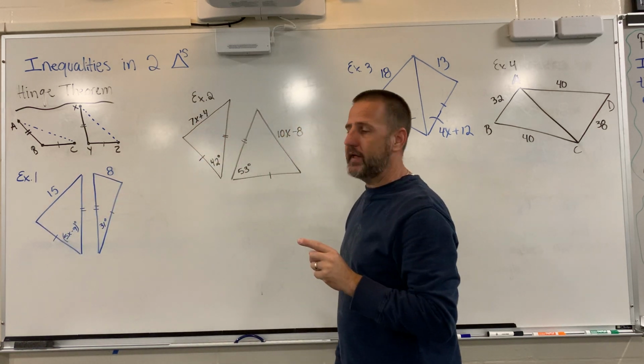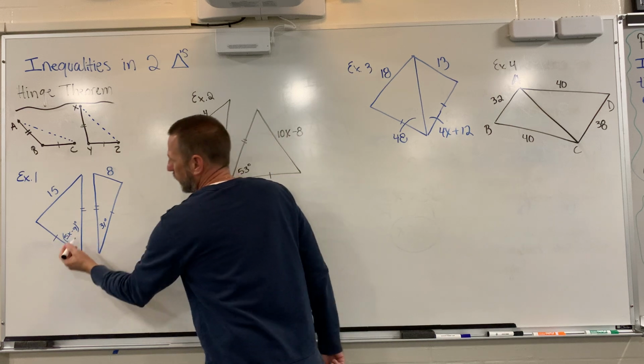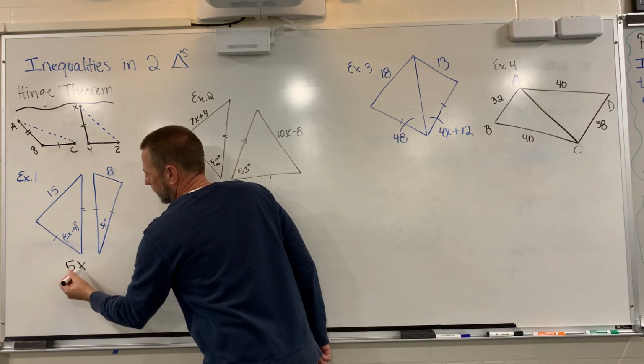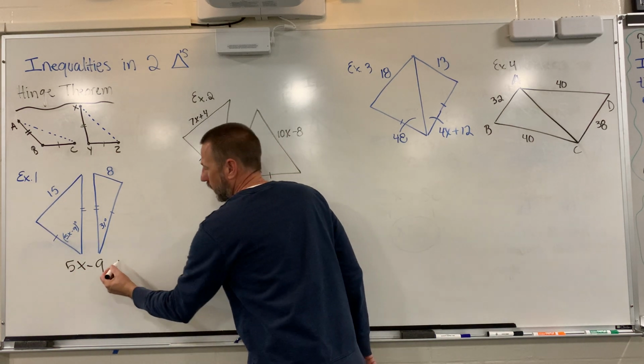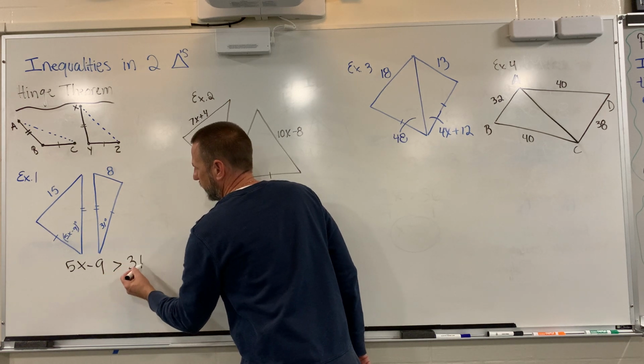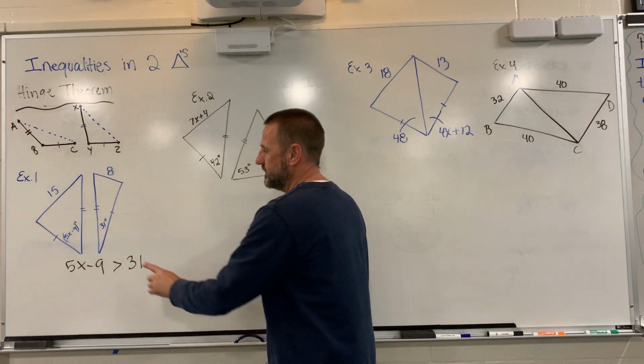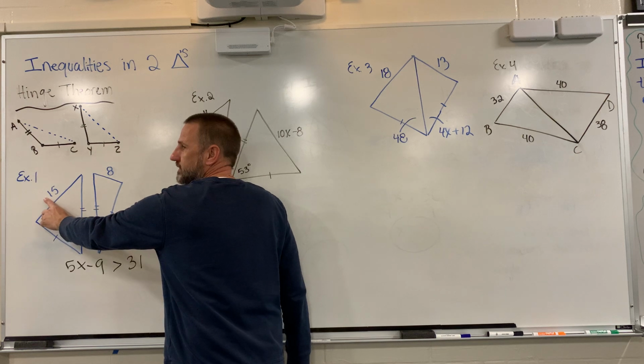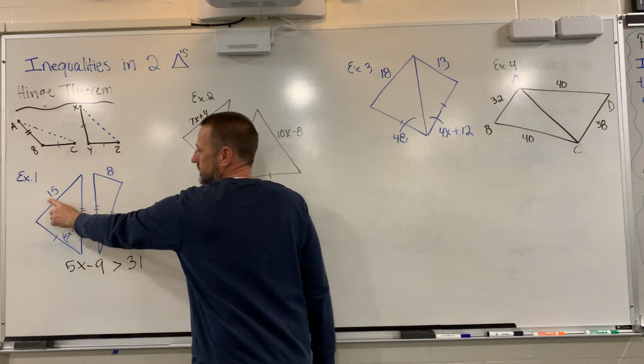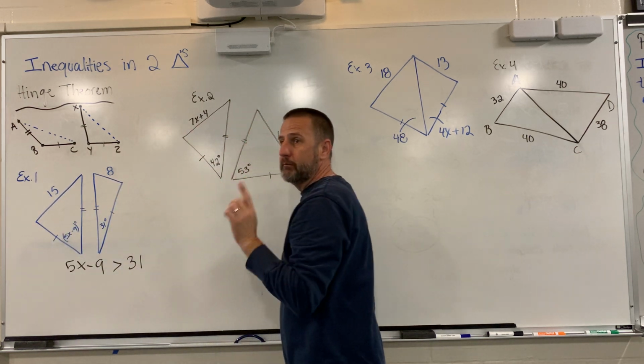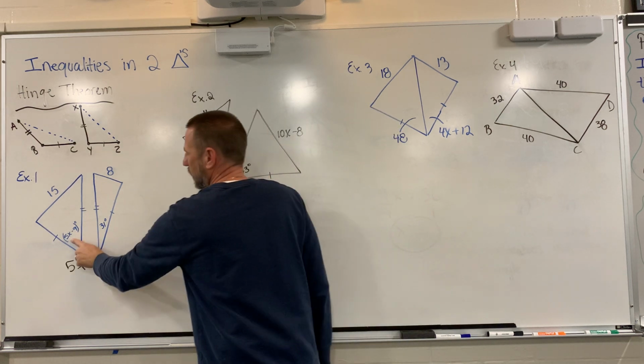The only way that can happen is if the angle 5x minus 9 is larger than 31 degrees, because as this angle increases, this distance increases.